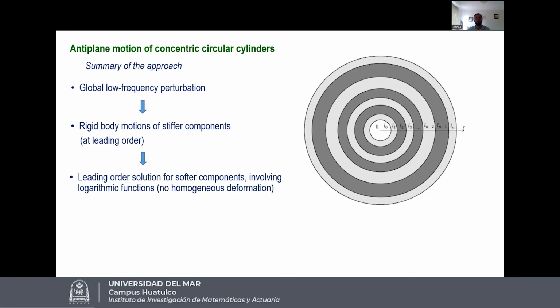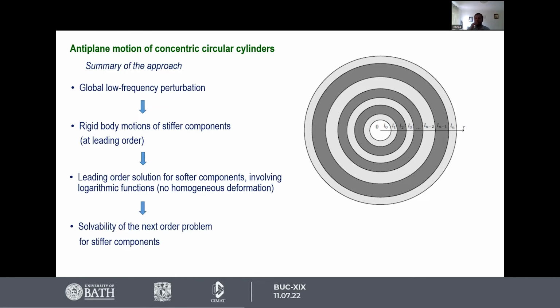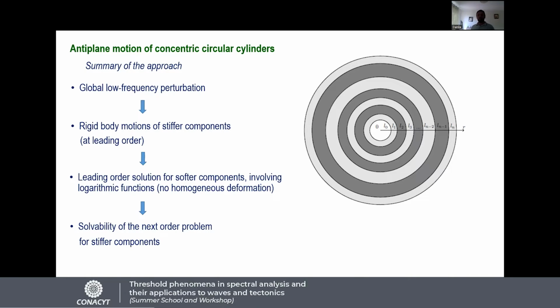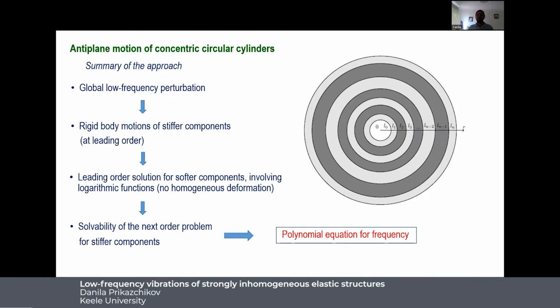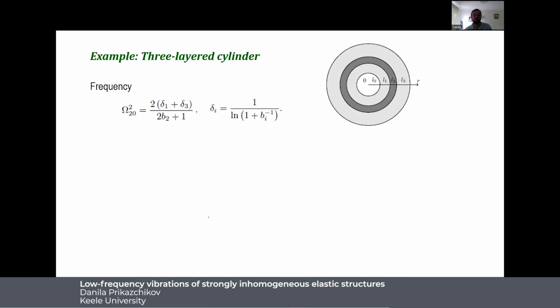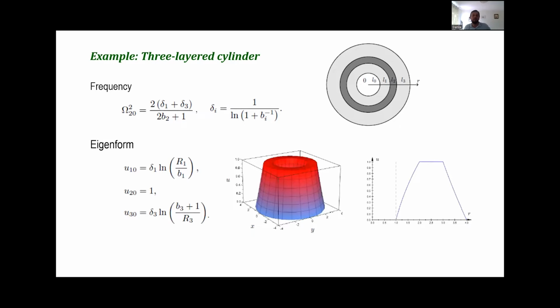Then we look into softer components, and we can find the solutions there in terms of logarithmic functions. Once we substitute into the next order for stiff components and consider solvability, we result in a polynomial equation for frequency.